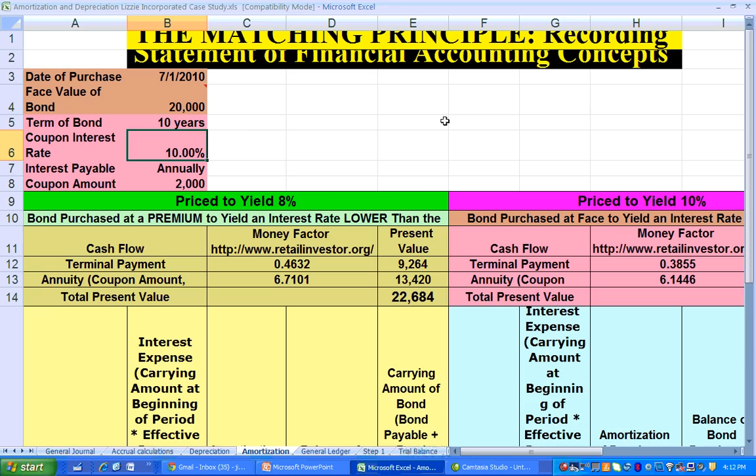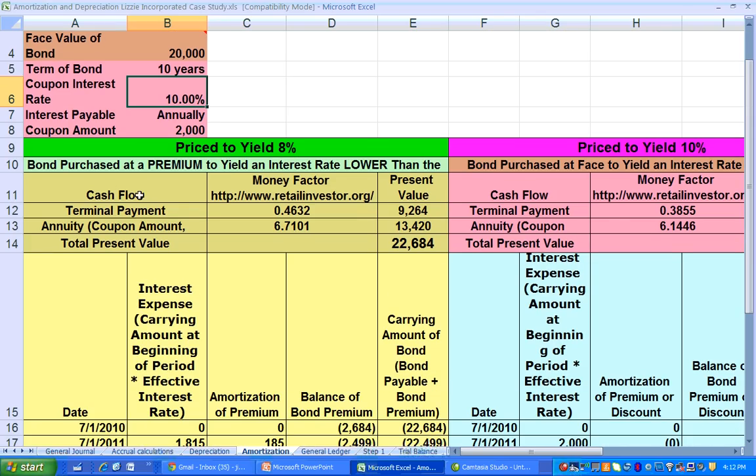What we're using in order to price these bonds and come up with the effective interest rate yield is, I put on the spreadsheet a link to a present value of an annuity and present value schedules that are just available. This retailinvestor.org was nice enough to post some time value of money tables.